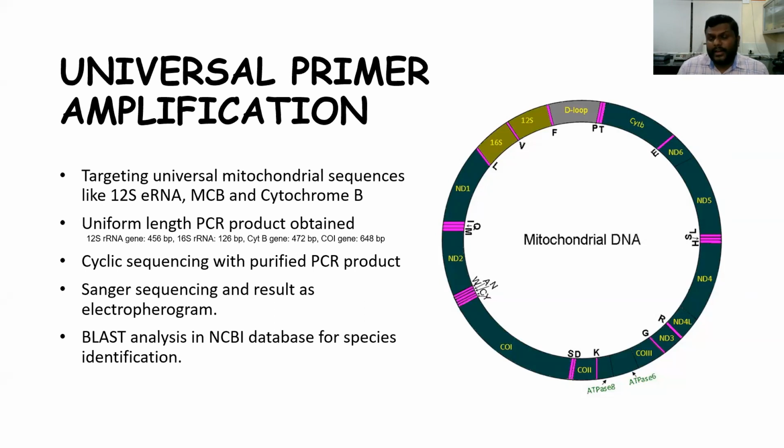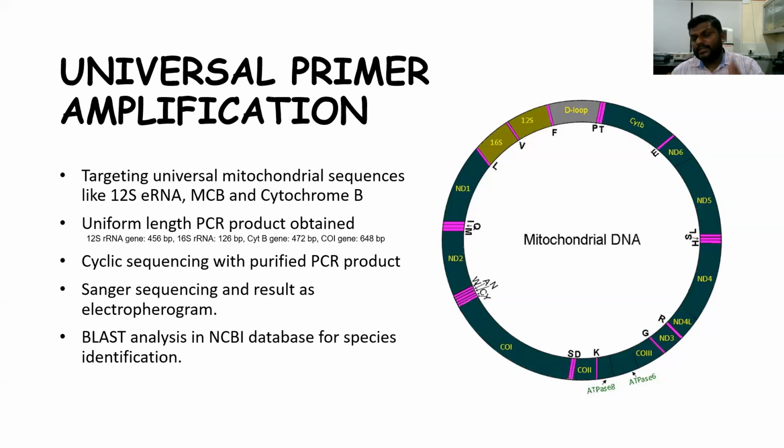You can extract the DNA, perform a universal PCR using mitochondrial DNA, and send the PCR product for sequencing. Once the product is sequenced, the company will send you the sequence by email. That sequence can be used for BLAST, and you can find out the animal species.